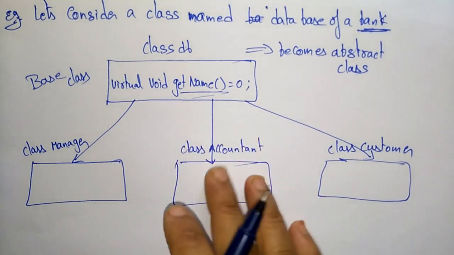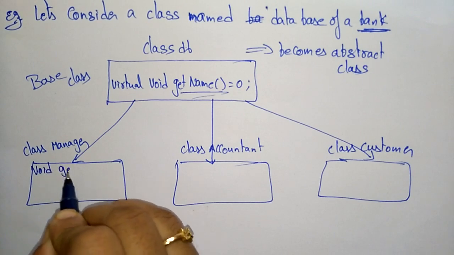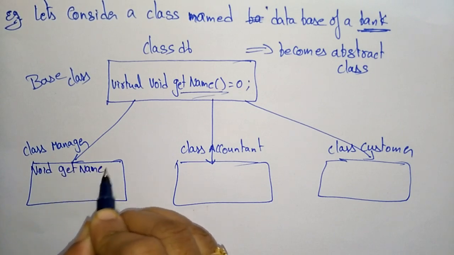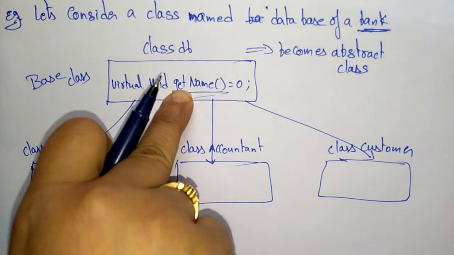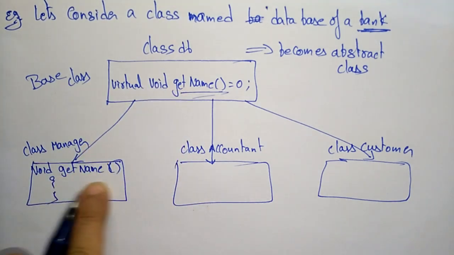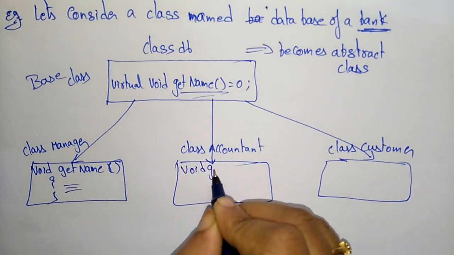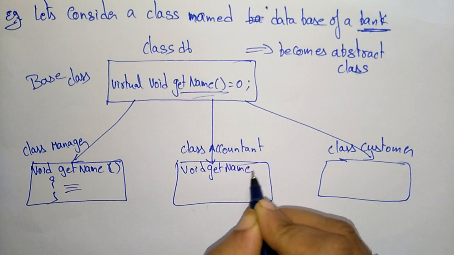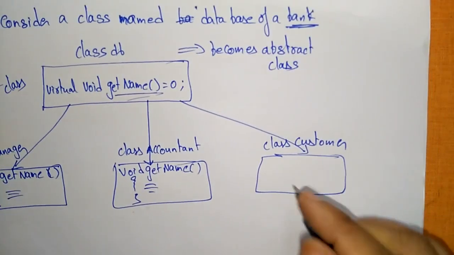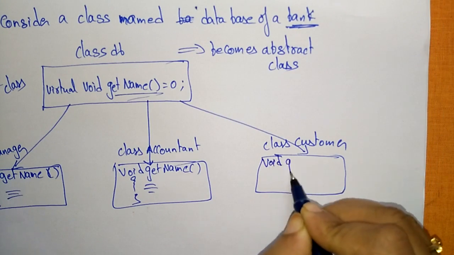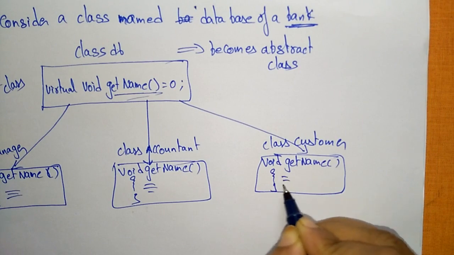Everyone is using the same function, void get name, but with a definition. Here in the base class you don't have a definition. The manager can write his own definition, and the accountant will write his own definition in void get name.